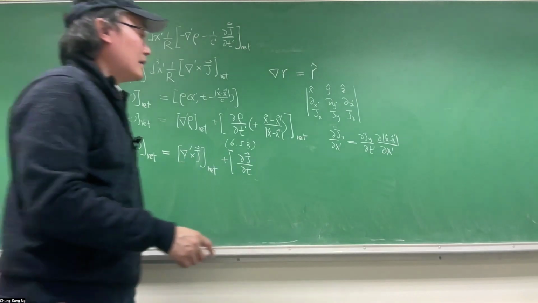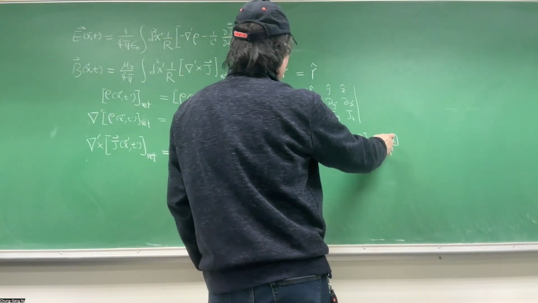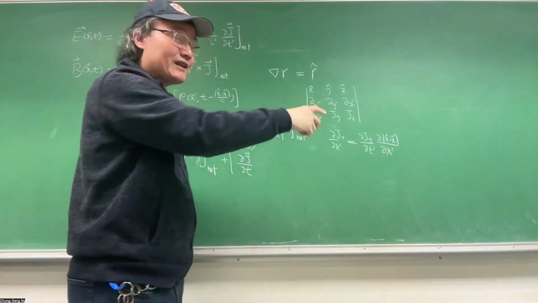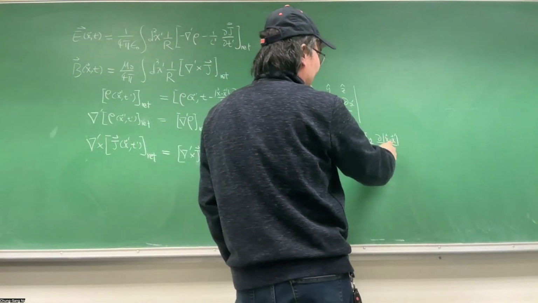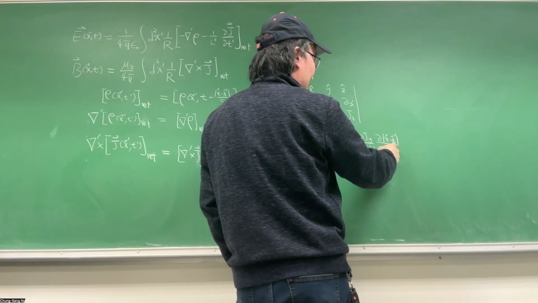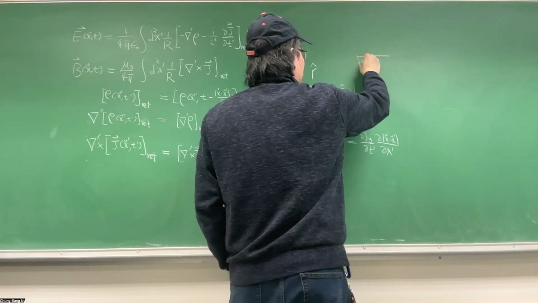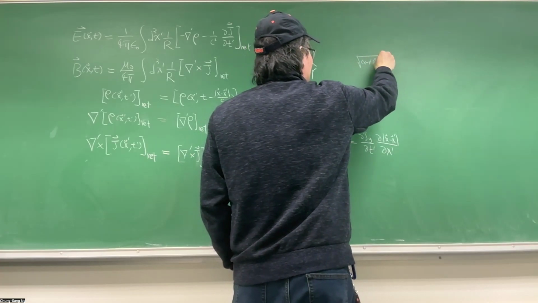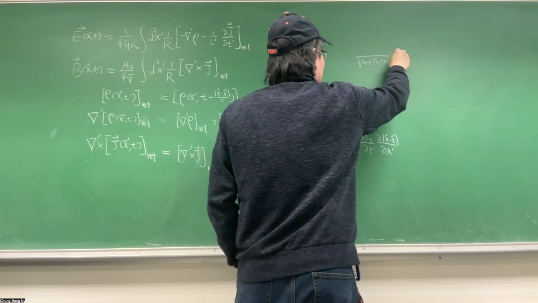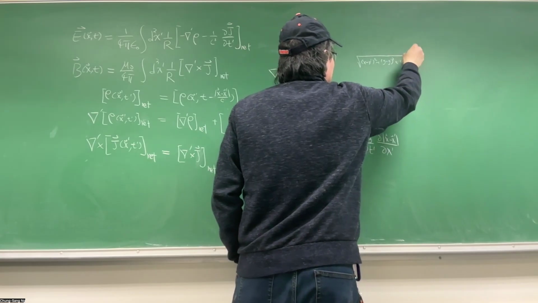Okay, and now this one you cannot directly use, but there's another way to calculate that, using the definition of the absolute value. The absolute value is x minus x prime squared plus y minus y prime squared plus z minus z prime squared, under a square root.